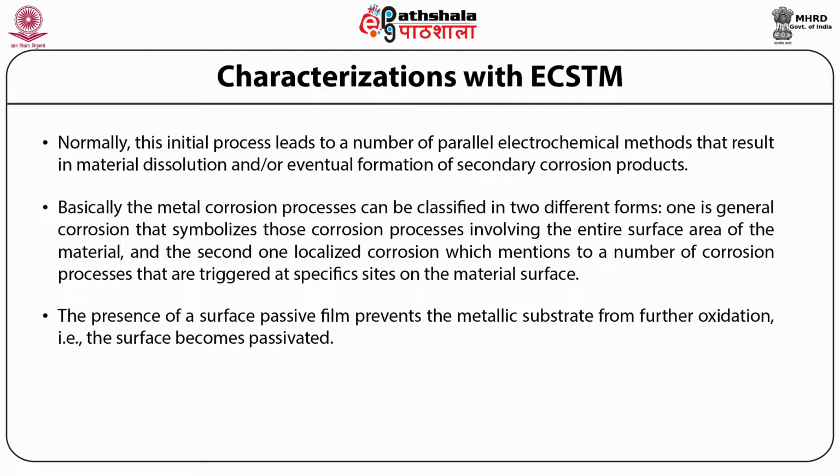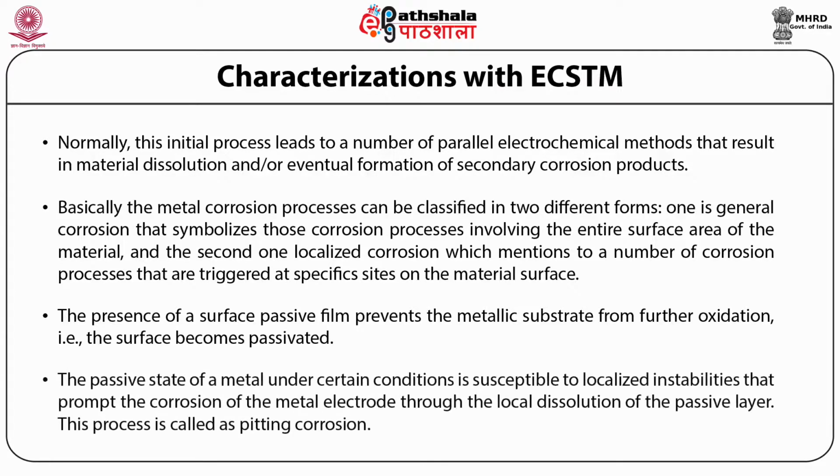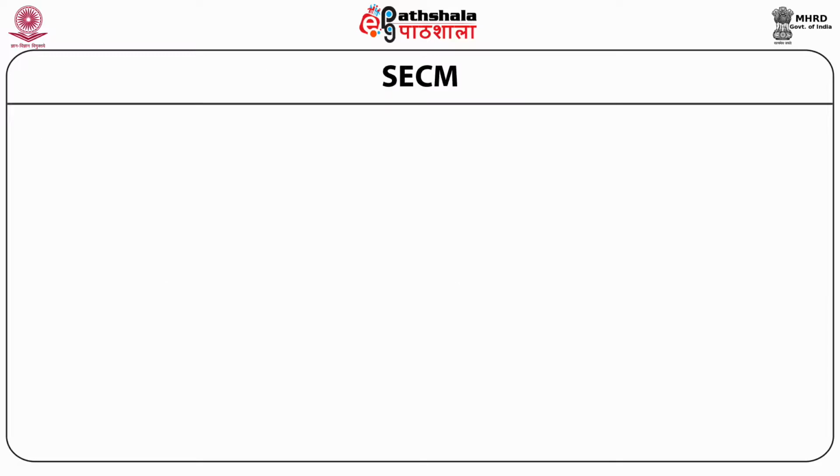These days, this passivated layer is known as a resistive layer, which covers the surface. However, the passive state of a metal under certain conditions is susceptible to localized instabilities that prompt the corrosion of the metal electrode through the local dissolution of the passive layer. This process is called pitting corrosion.